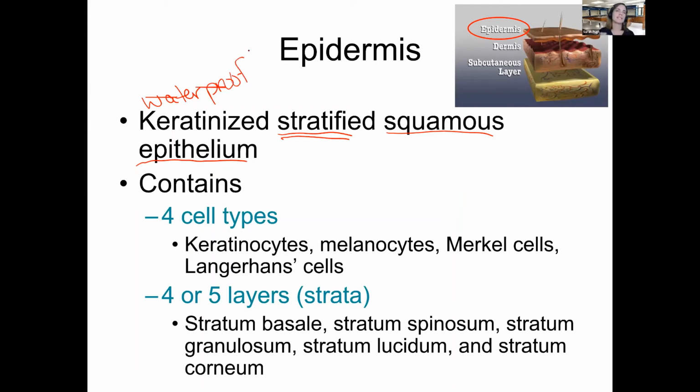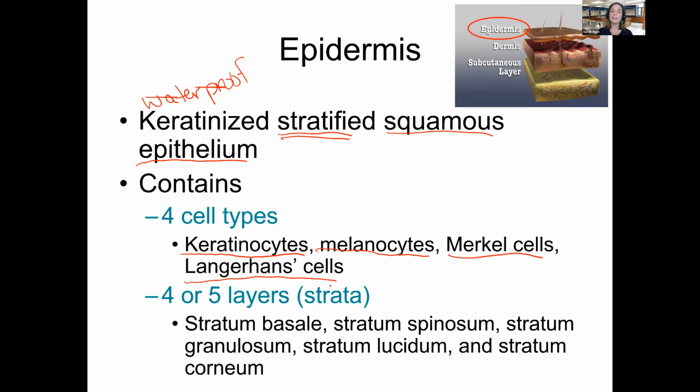Sorry, I don't know why it's connecting all those lines together. And so we're going to talk about keratin a little bit later, okay? Now the types of cells. One kind of cell, keratinocyte. Another is melanocyte. Merkel cells, which I mentioned, and Langerhans cells, which I've already mentioned. We're going to go through each of those. I'll show you where they're found in the epidermis.